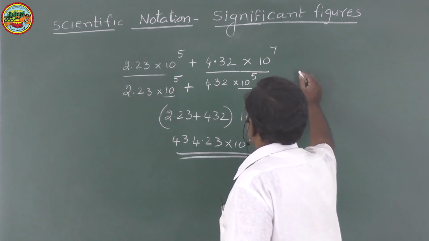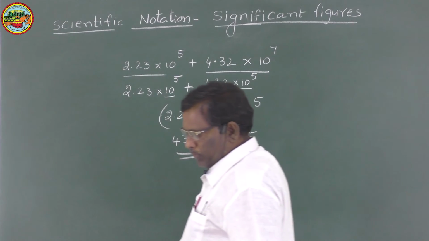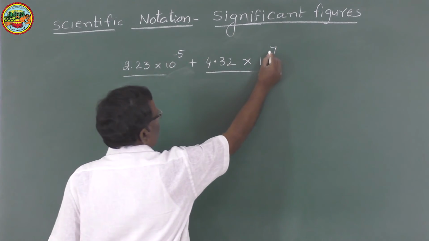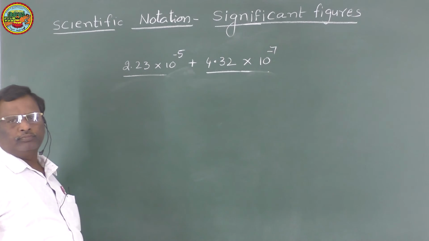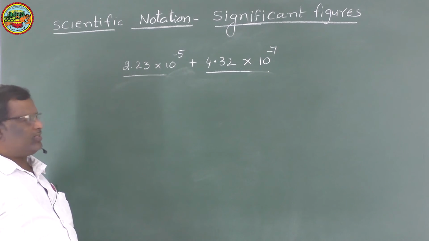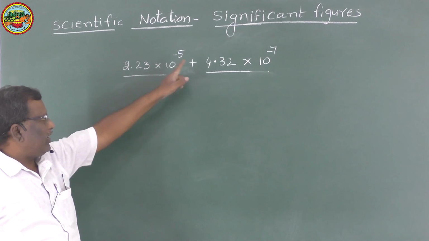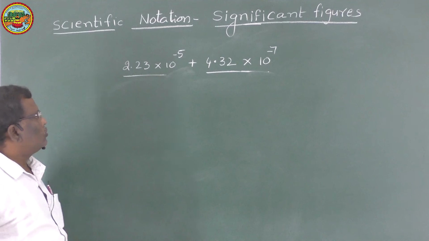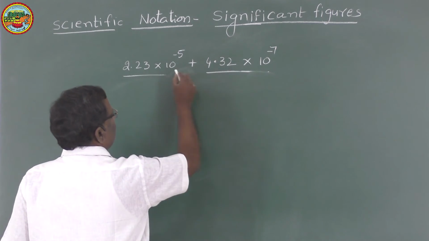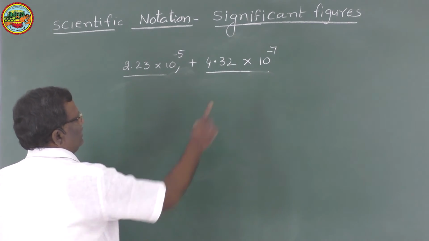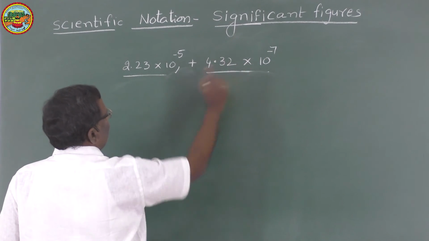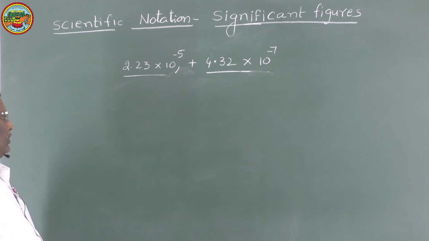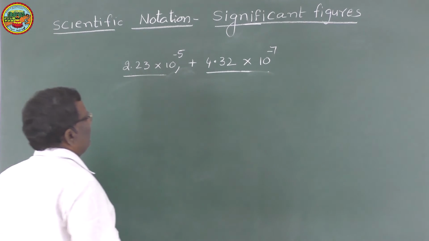Similarly, sometimes you will get negative powers. For example, here you have another problem, same problem, but the powers are minus here. When the powers are minus, what you have to do? While equalizing, here also you have to equal the powers because we are going to add these two numbers. So to equalize powers, this must be converted into 10 to the power minus 5.